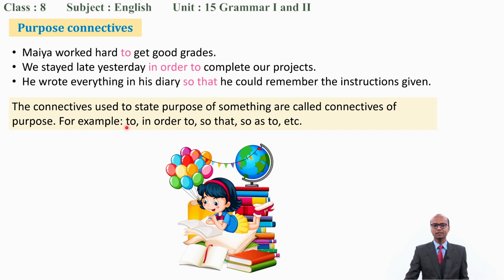So, purpose connectives are the connectives used to state the purpose of something. For example, to. Why did she go to the bank? She went to the bank to cash her check. To cash her check is the purpose of going to the bank. So why did Maya work hard? What is the purpose of Maya working very hard? To get good grades. Okay.